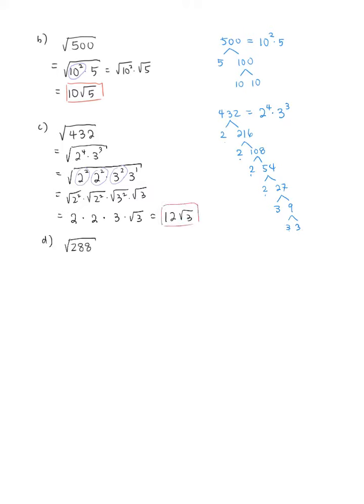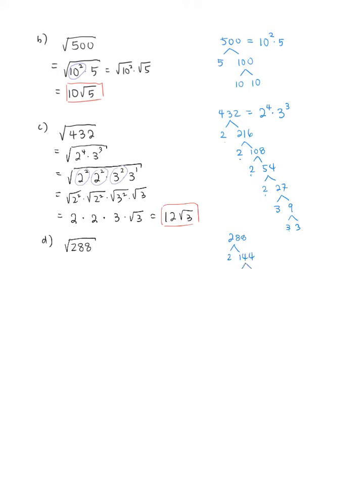Let's do another square root. So let's take a look at the square root of 288. So again, I'm going to break this down into a product of primes because I can't figure out what the biggest perfect square factor is in 288. So 288, all right, that's even, so 2 is going to go in. And the rest is 144.